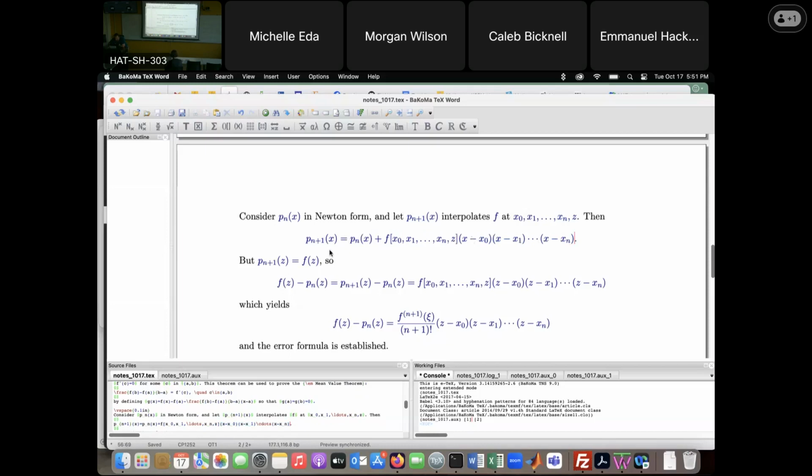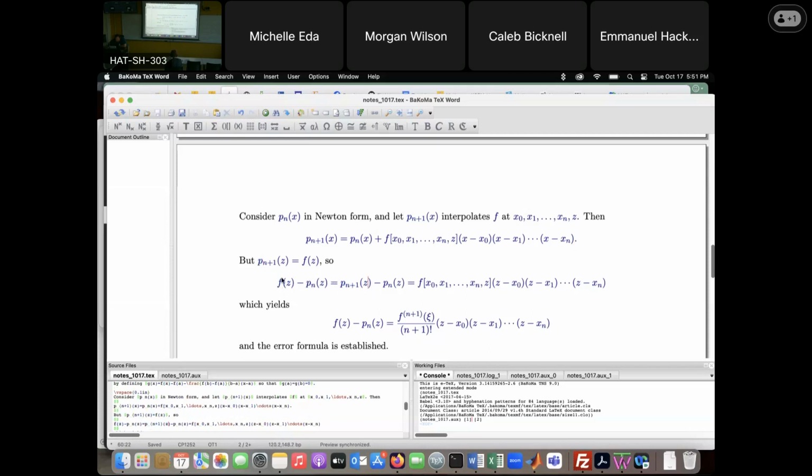Now, Pn plus 1 of z equals f of z. So, if I look at what I want, an expression for my error, f of z minus Pn of z, well, f of z agrees with Pn plus 1 of z, so I can replace f of z with Pn plus 1 of z.